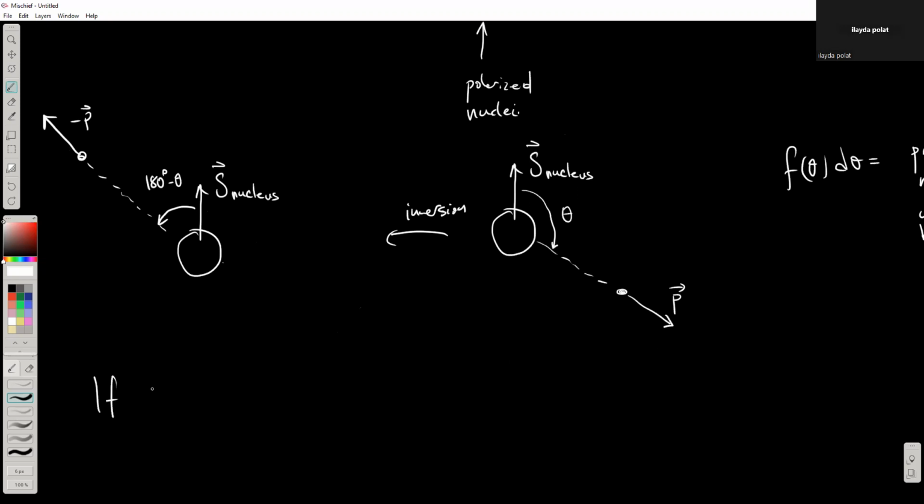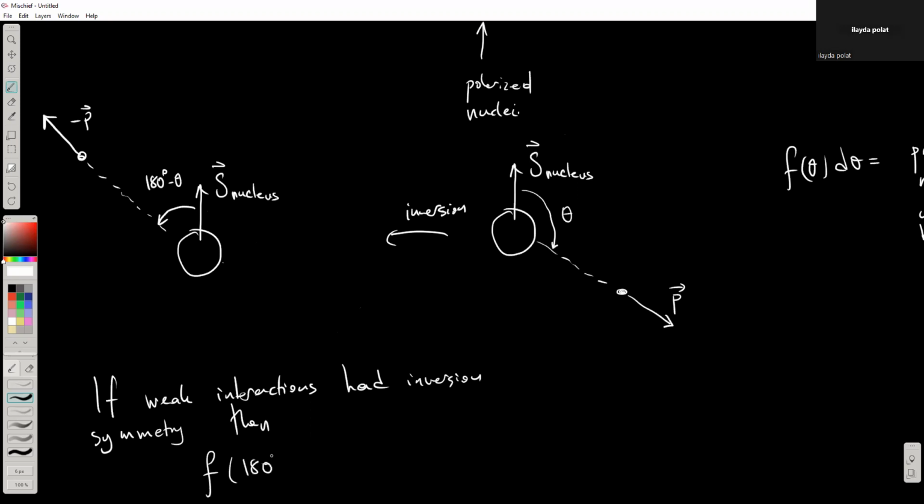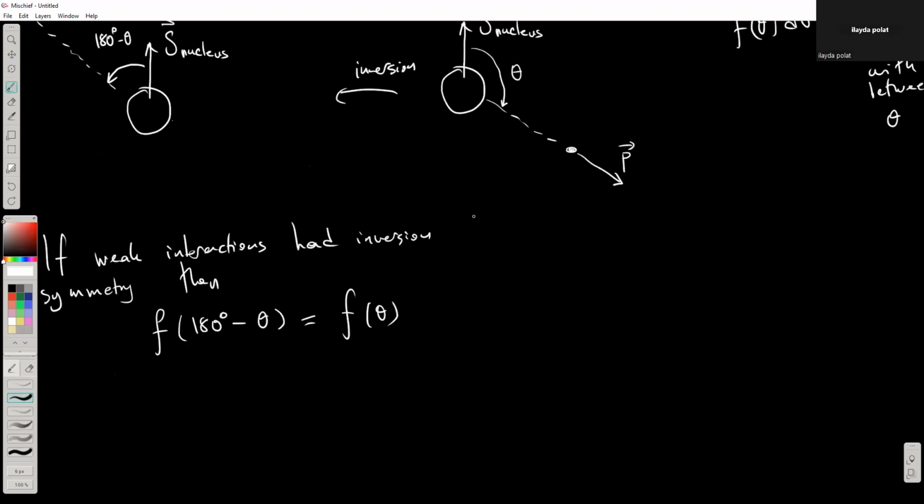So let's say it like this: if weak interactions had inversion symmetry, then the probability of a photon emitted with an angle of 180 minus theta should be the same as the probability of being emitted in the direction of theta.